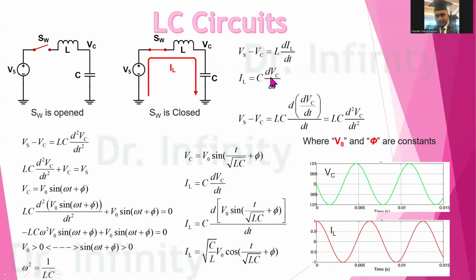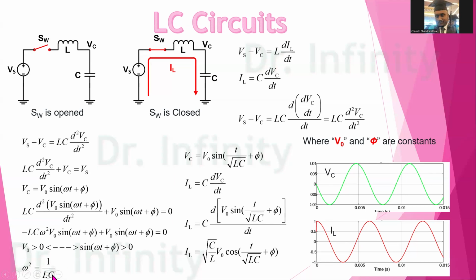Then the second equation can be added into the first equation to get the second order differential equation like this. Before solving it, I am assuming the generic sine function, which is given by this equation. After adding this generic equation into the second order differential equation, I can finally obtain the value for omega, which is given by omega squared equals 1 over LC.